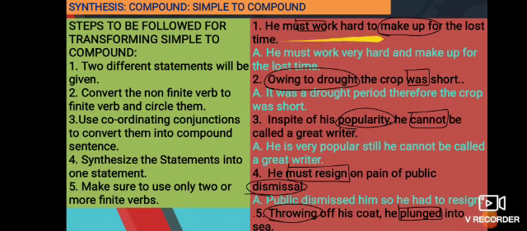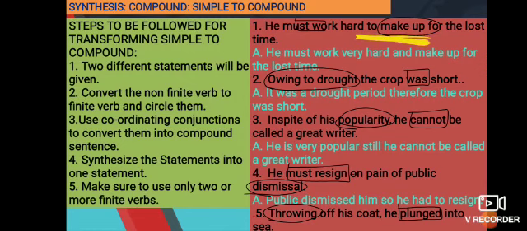Number 1, he must work hard to make up for the lost time. Now which is the finite verb, that is must work, to make up. Now keep in mind that when simple synthesis was there, both the finite verbs we were circling. But here, if it's a finite verb, we'll put a box, and if it's a non-finite verb, we'll put a circle and change that particular non-finite verb to a finite verb.